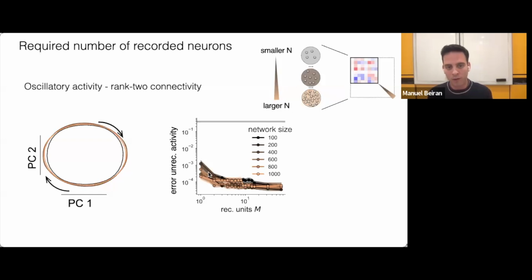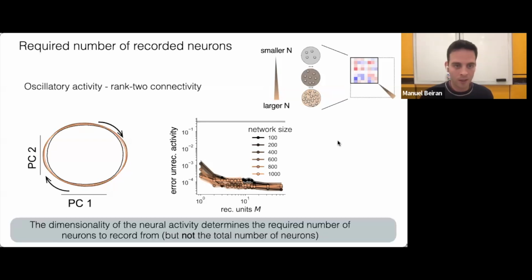If instead we found that it's a fraction of the network size that you need to record from, it would be a problem for mammalian systems, for example, where 1% of all the neurons in the brain is still a huge number of neurons to record from. Okay, so this was the conclusion, that it's the dimensionality of the dynamics that's key for determining the number of neurons we need to record from.